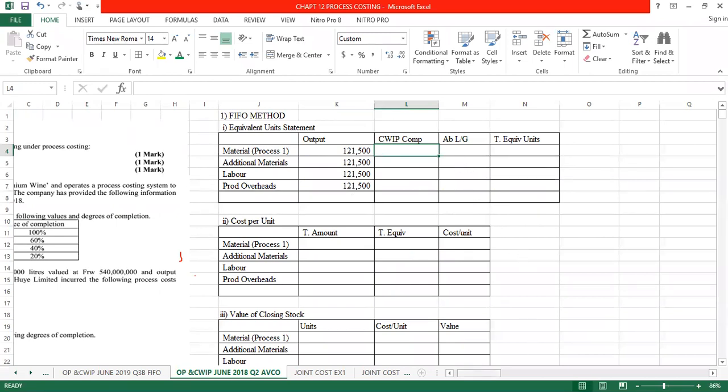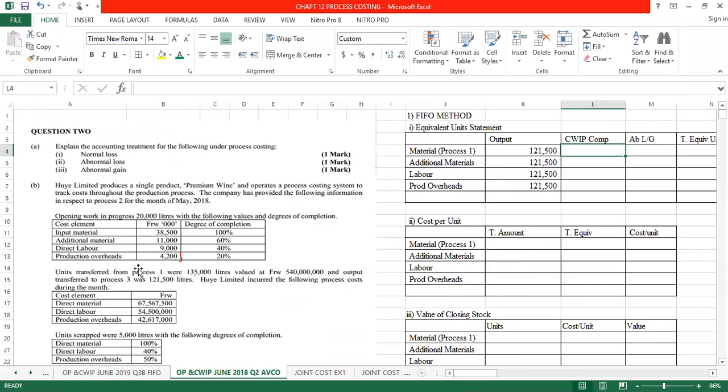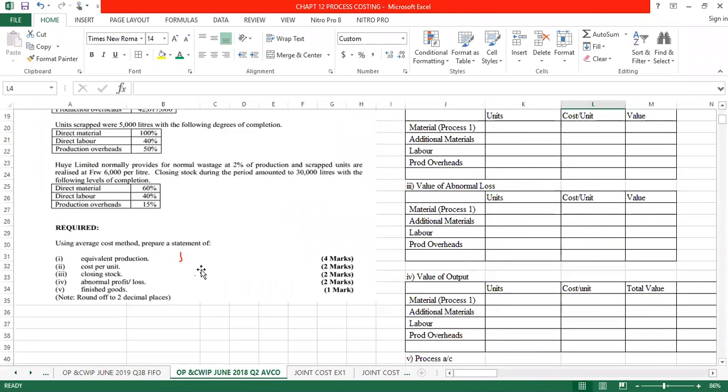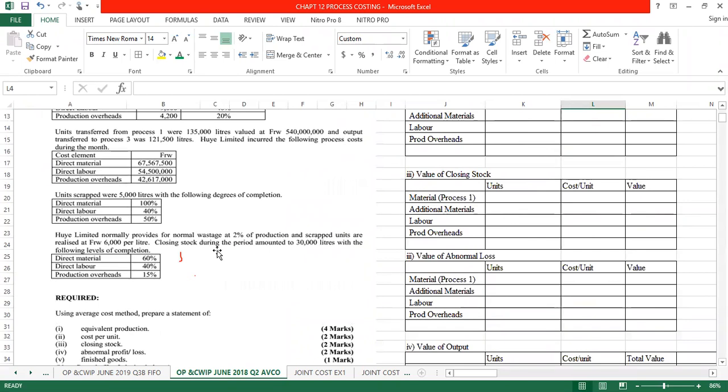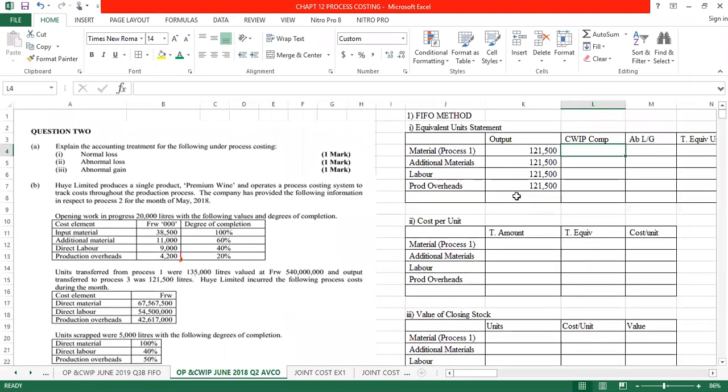Closing work in progress, where was it? Here. Closing stock during the period amounted to 30,000 liters with the following. For direct materials, 60%. So remember, there are two materials. There is this additional materials.